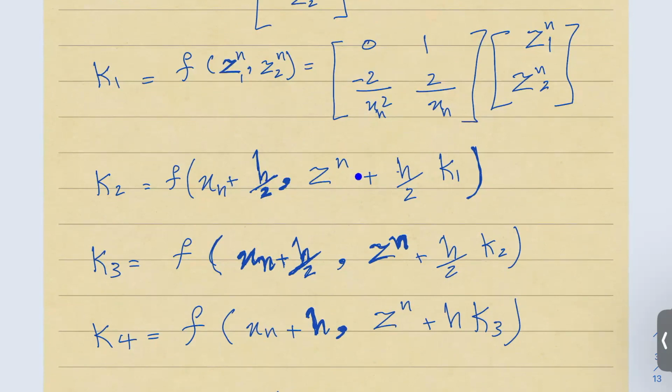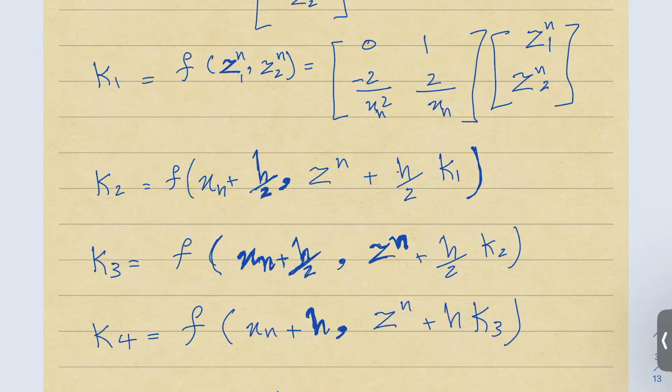Instead of Z1 and Z2, you will substitute this column vector. It will be something new Z1 and new Z2. So for new Z1, you will add this one to here, and for new Z2, you will add this one to here. All right. So you're happy with this.